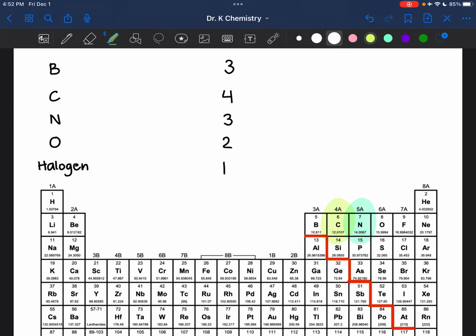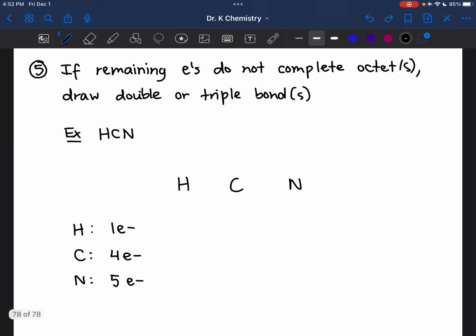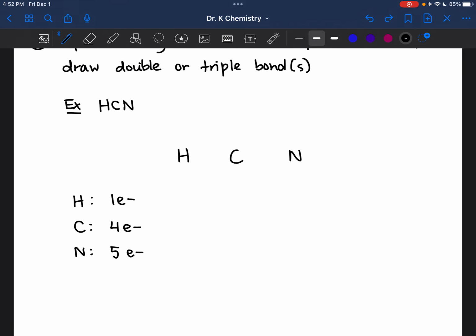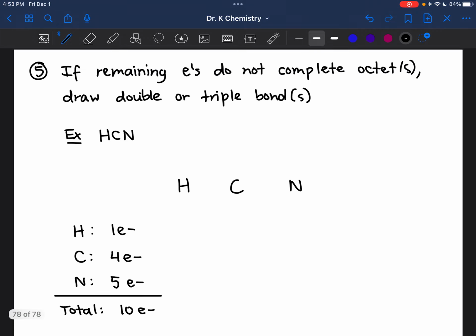Carbon has 4 valence electrons because it's in group 4A, and hydrogen has 1 valence electron because it's in group 1A. Now we have one of each in the formula, so we don't need to multiply anything. We're just going to add these numbers up, and the total number of valence electrons in the formula is 10.